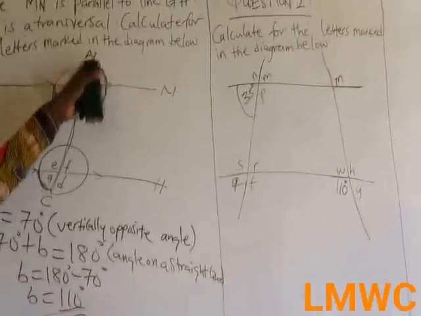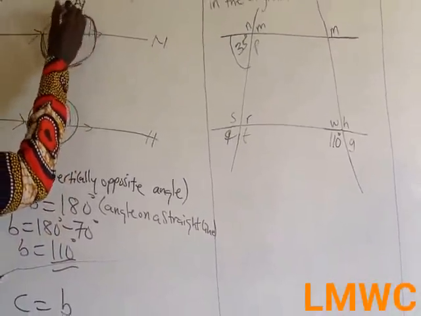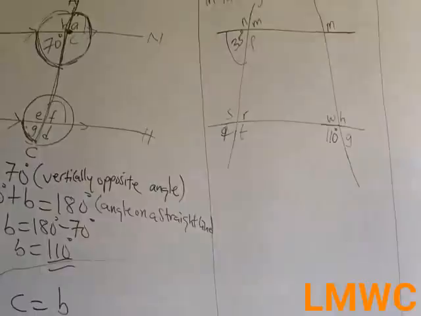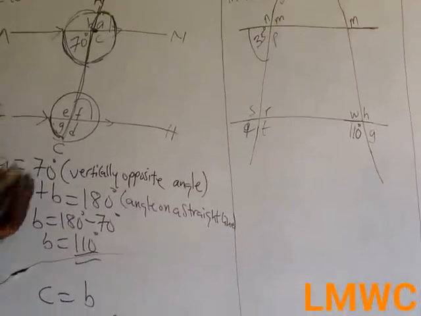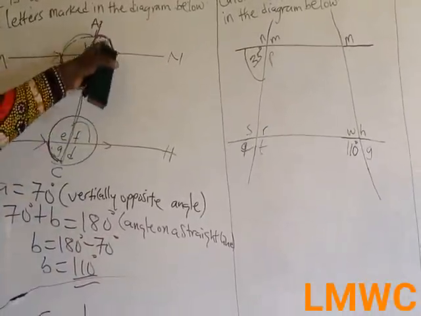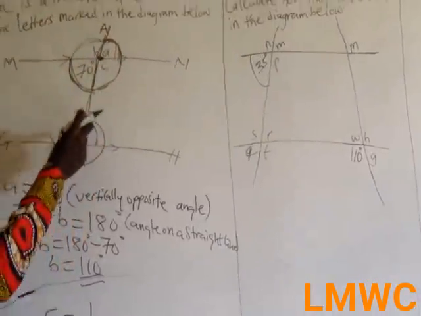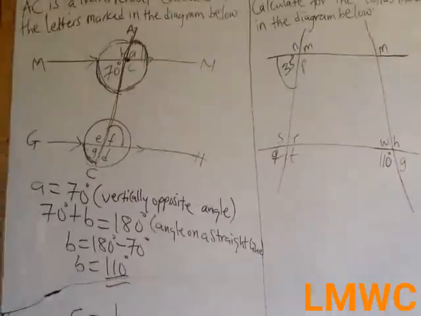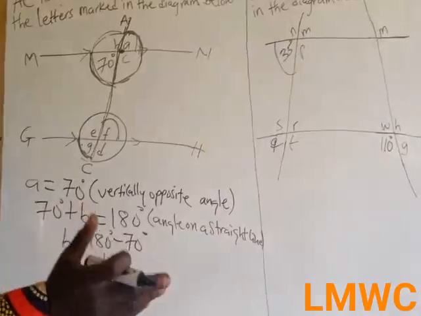F is equal to A because F corresponds to what? A. Once you have calculated for this one, here becomes simple. You see, I'm using corresponding angles throughout because I know what I'm doing. F corresponds to A. You can't say F corresponds to B. No. You take the right hand side and you take the left hand side.